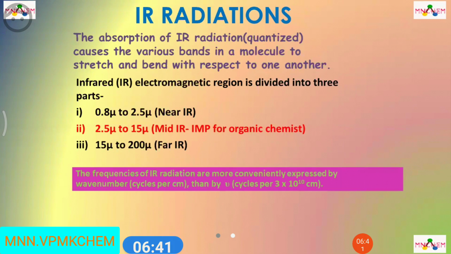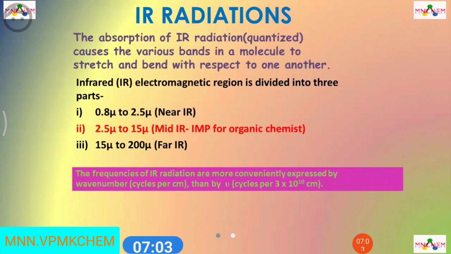These frequencies of IR radiations are conveniently expressed in wave numbers. Usually, we express frequencies using hertz, but for IR spectroscopy, it is conveniently expressed as wave number.